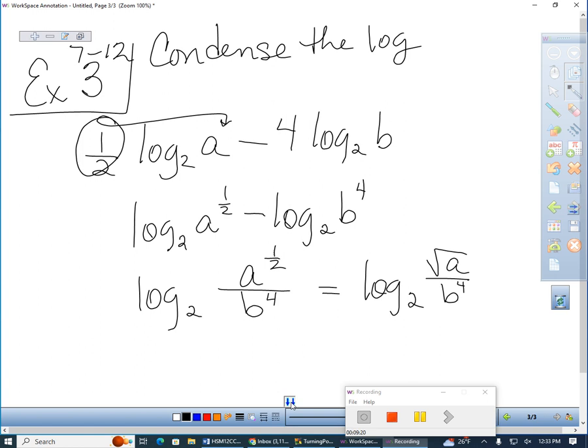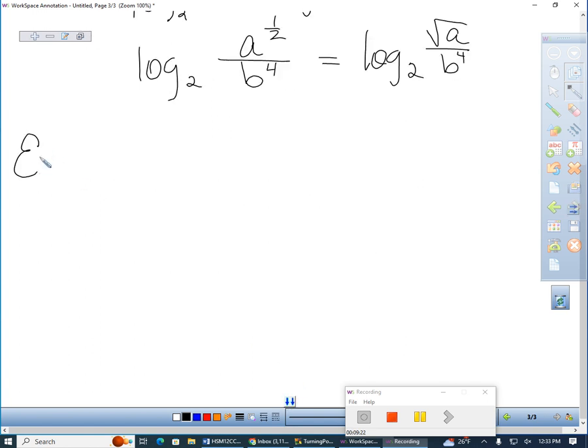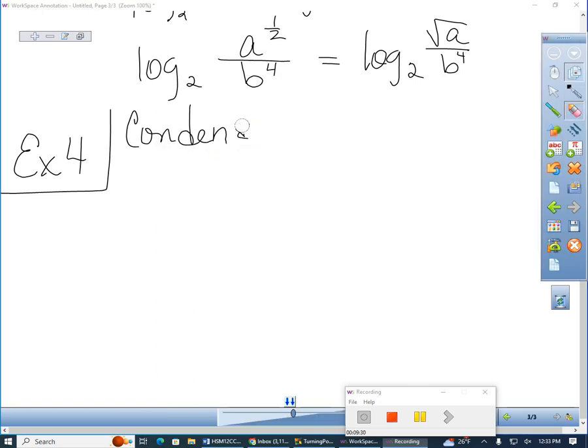All right, here's example number 4. Let's condense another one.